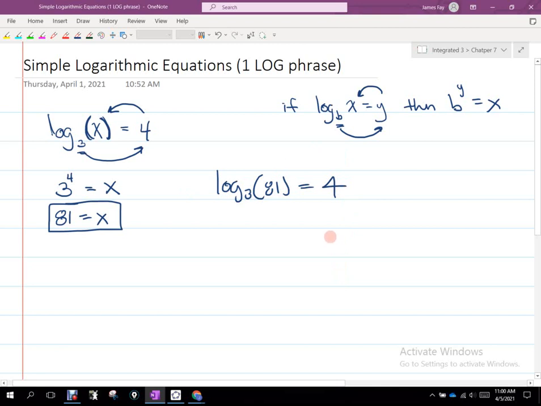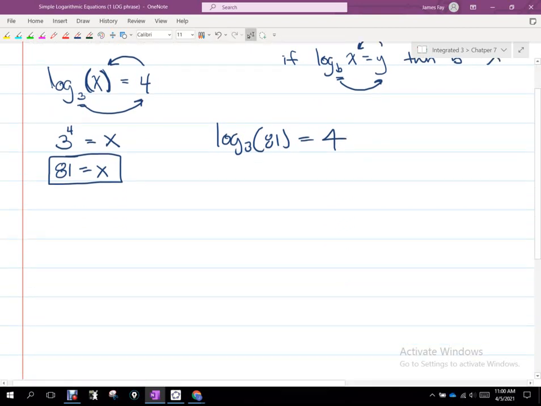So, how do we make this a little bit more difficult? We do things like this. We say, okay, well, let's go log base 4 of x plus 1 equals 2. So now instead of just an x in here, we've got a sum. But we still use this rule.